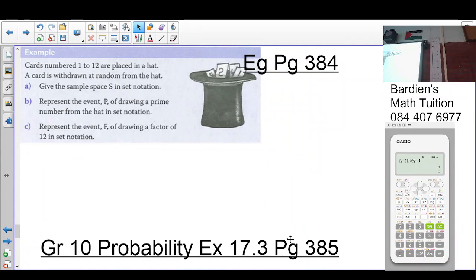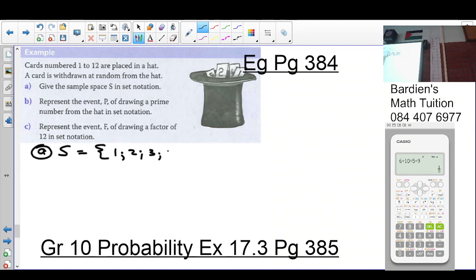A card is withdrawn at random from that. Question A says, give the sample space S in set notation. So what would this be? 1, 2, 3, 4, 5, 6, 7, 8, 9, 10, 11, and 12.